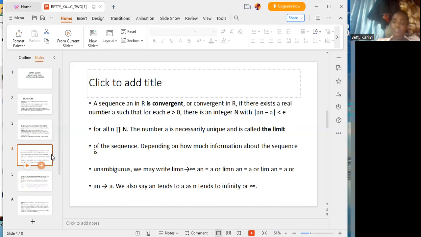Depending on how much information about the sequence is unambiguous, we may write the limit as n approaches infinity of a_n equals a, or lim_n a_n = a, or lim a_n = a, or a_n approaches a. We also say that a_n tends to a as n tends to infinity.